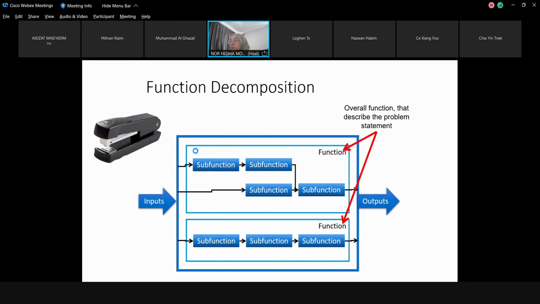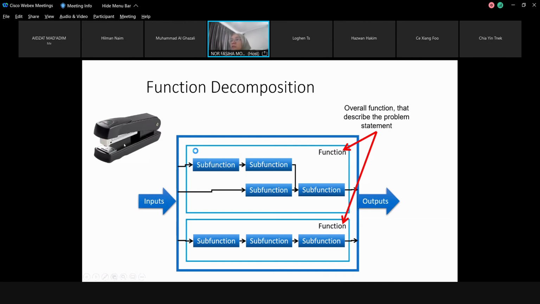The output is of course the stapled papers. What are the sub-functions inside that make it able to do the stapling task?